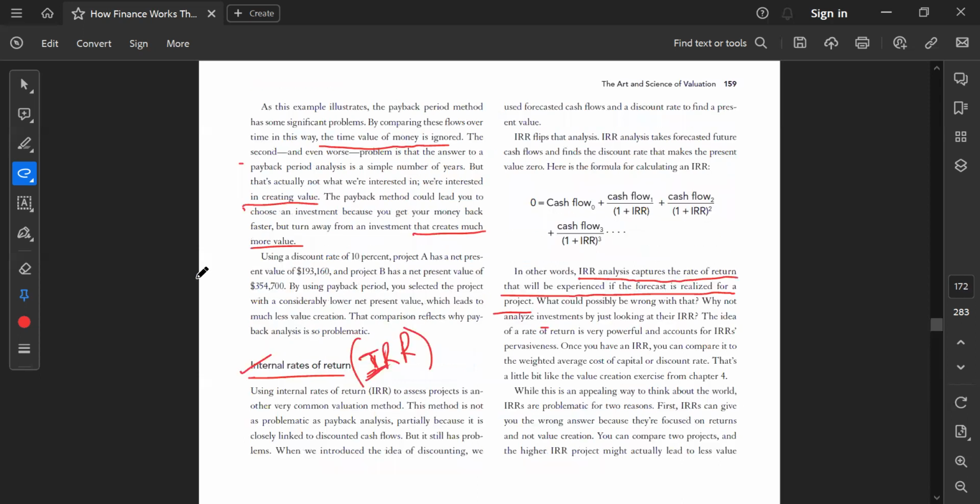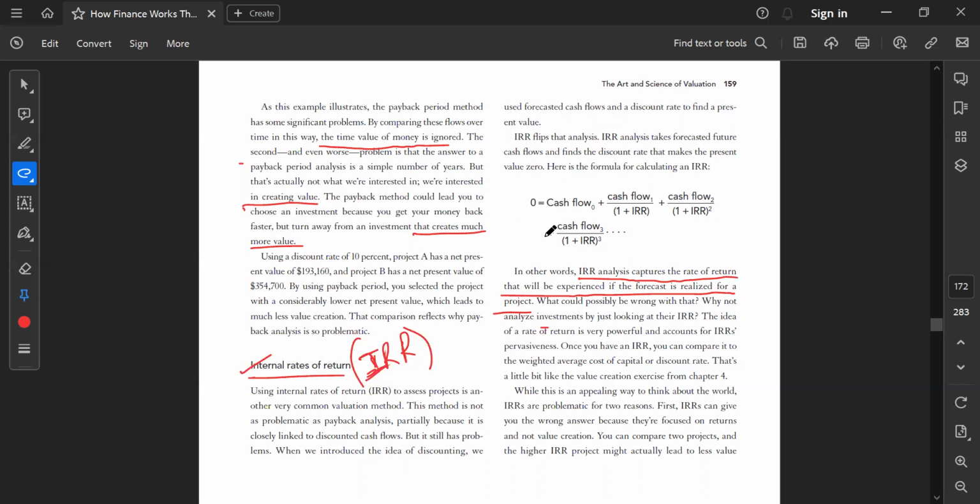Okay, so the problem with IRR is that it is a rate which basically discounts all the future cash flows and brings them back to zero. Now, first of all, it has to be assumed at a particular rate, right? Let's say I assume that I will be getting 100 rupees for the next 5 years, and in order to bring them back to their present value, I discount them at the rate of 10%.